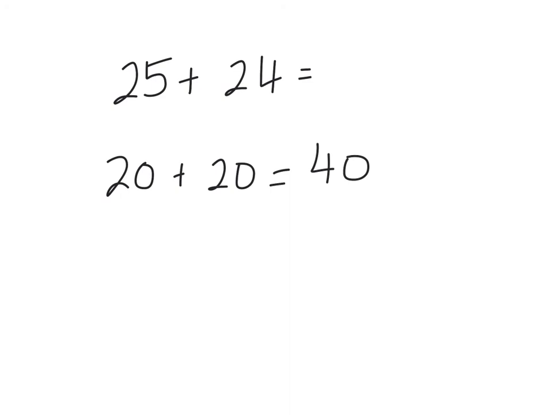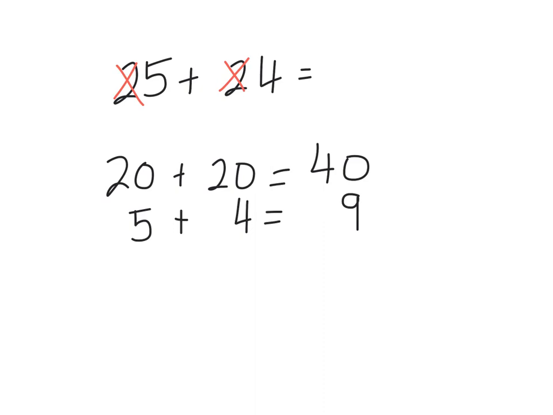So now that I've done the tens, to remind myself that I've already added those, I'm going to put a little cross through them. If you want to do that in your book, then you can do that too. That just reminds me that I've only got the ones left to add. So now I'm going to add my ones, which is 5 plus 4, and I know that that equals 9.